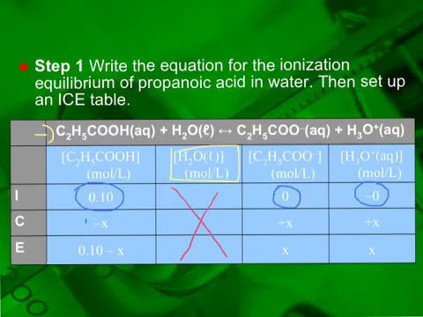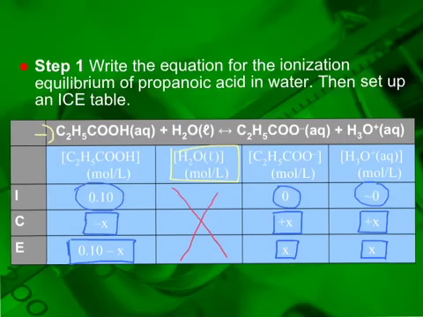We know that a certain amount of propanoic acid will react, so that will be negative X. But for every mole of propanoic acid that ionizes, we're going to get 1 mole of propanoate, the conjugate base. Similarly, we're going to get 1 mole, or 1x, of the hydronium. So at equilibrium, the concentration of propanoic acid is 0.10 minus X, the concentration of propanoate is X, and hydronium is X.